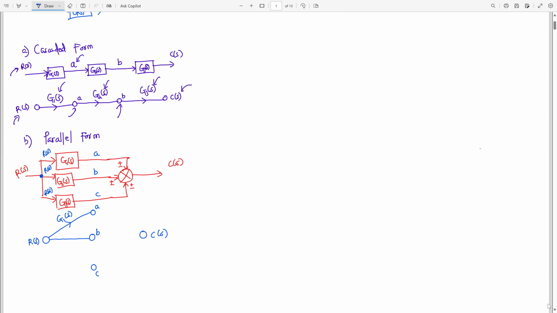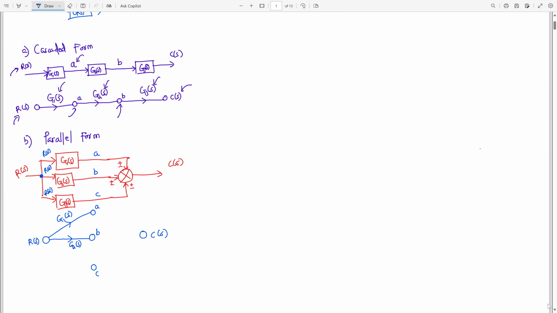And then we have to show the direction of the signal. And then we have to name the branch. So in this case, the name of this branch is going to be the transfer function, which is G2 of S. Then we continue for this side also, right?